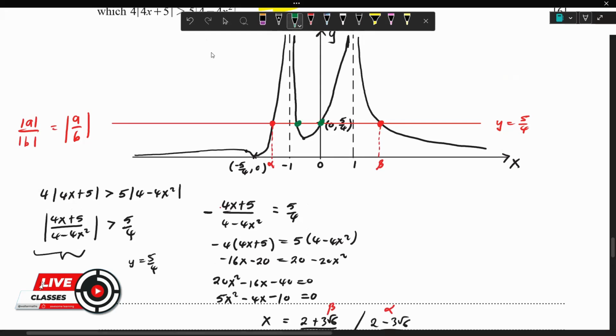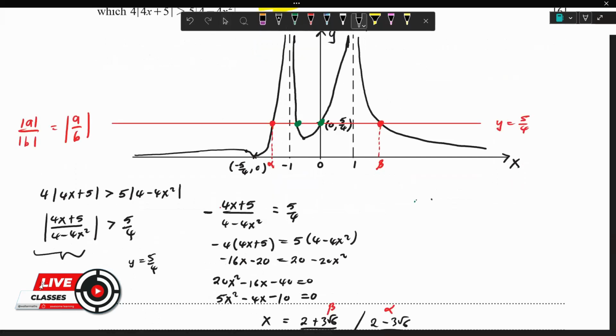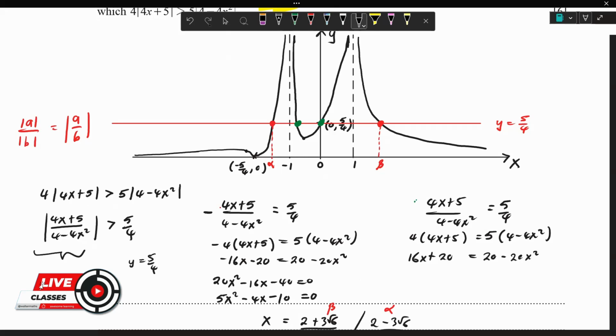And remember, this line segment is part of the original before modulus, the original function. So it's when the graph 4x plus 5 over 4 minus 4x squared meets 5 over 4. Cross multiply. So that's 4 of 4x plus 5 is equal to 5 of 4 minus 4x squared, which is 16x plus 20 is equal to 20 minus 20x squared.